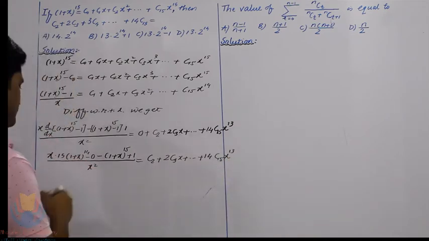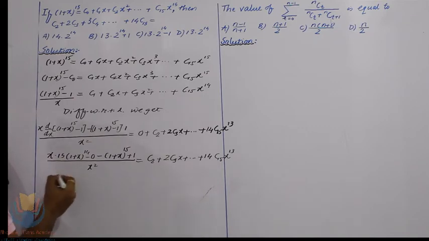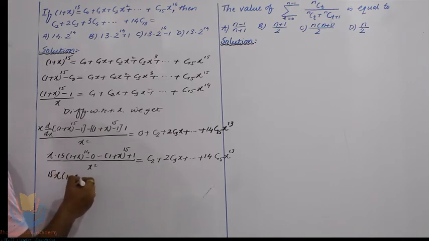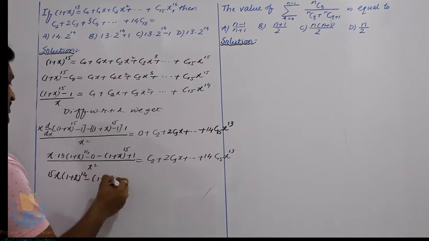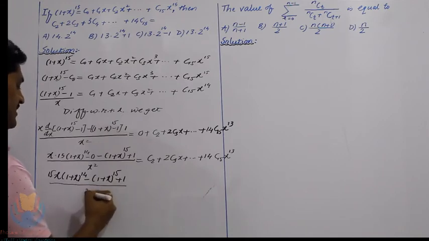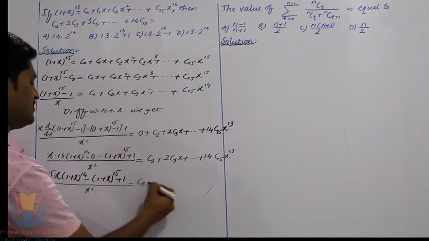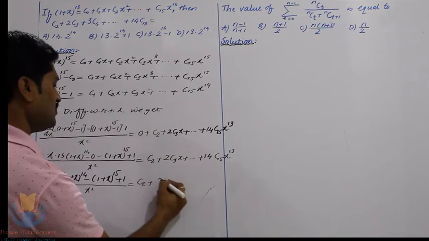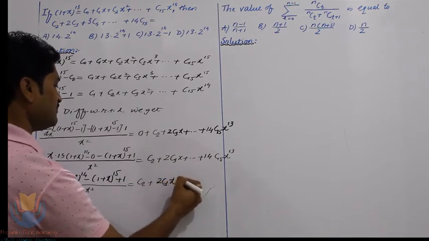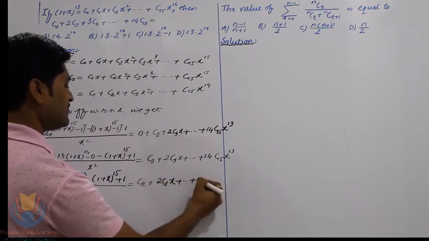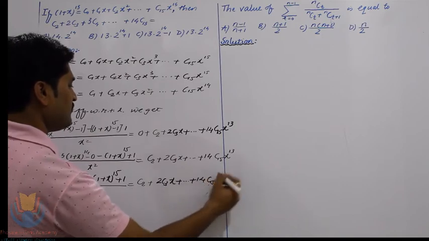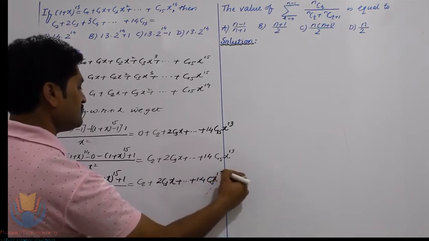So this will become [15x(1 + x)^14 - (1 + x)^15 + 1] upon x^2 as it is, and lastly C2 + 2C3 x + ... + 14C15 x^13.